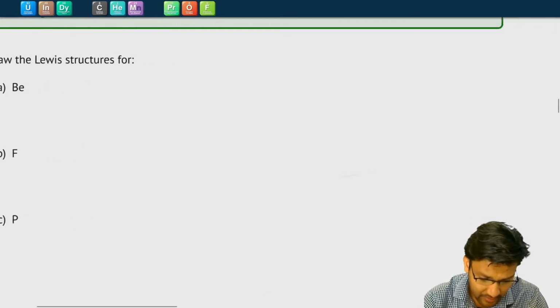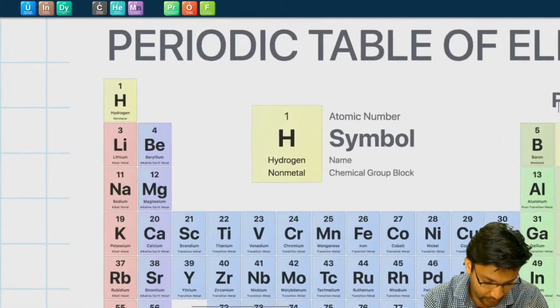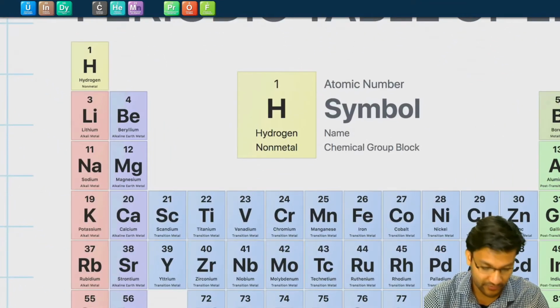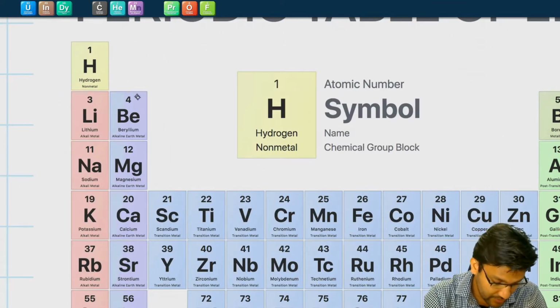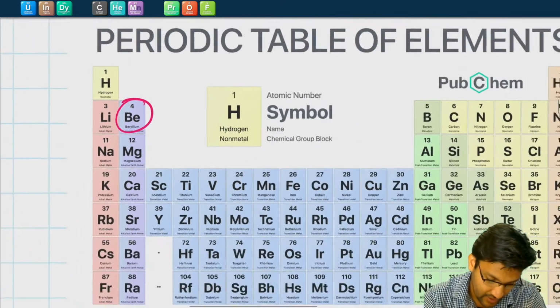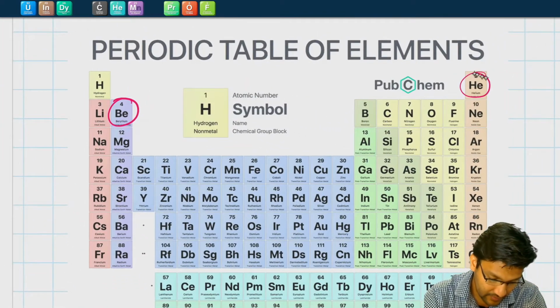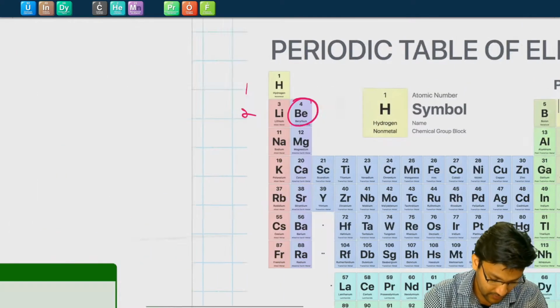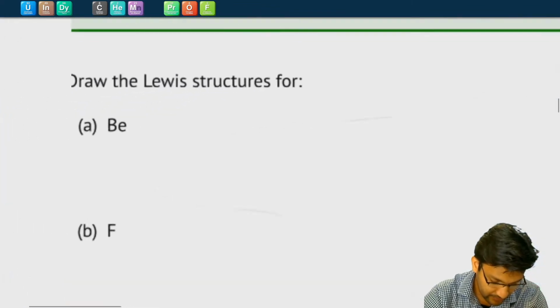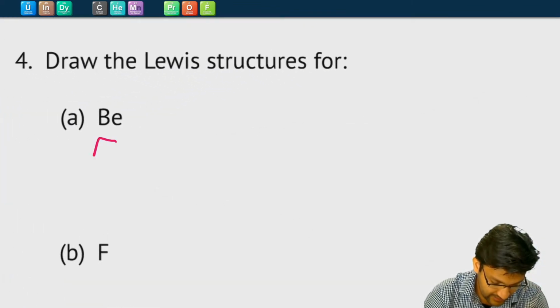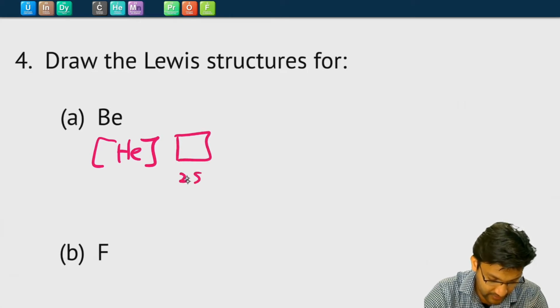Okay, so let's look at beryllium. We need to start with the electron configuration before we can draw the Lewis structure. And beryllium is right here in the periodic table, which means that we have helium, and then this is the n equals 1 and n equals 2. So helium and then 2s2, right? So for beryllium, we'll have an electron configuration like helium, and then this will be the 2s orbital with 2 electrons in it.